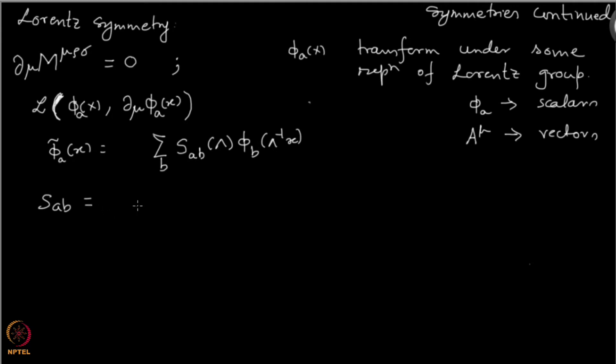In that case S_AB would be just δ_AB, right, because there is no mixing between different φ's in that case, and this is true for scalar fields. And if you are looking at vector fields, then your S_AB would be Λ^μ_ν.